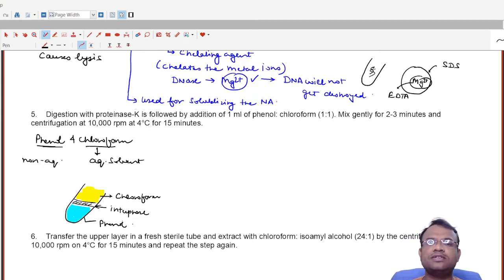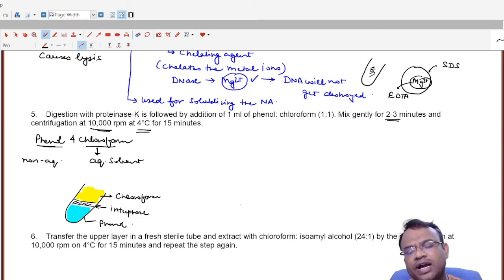Now, once you have chelated the Mg2+ and destroyed the proteins that were present, we are making a phenol chloroform mixture, and we transfer the solution that we obtained from the above step, which had our DNA, into this solution. Then it is mixed gently for 2 to 3 minutes. After that, centrifugation was done at 10,000 rpm at 4 degrees centigrade.